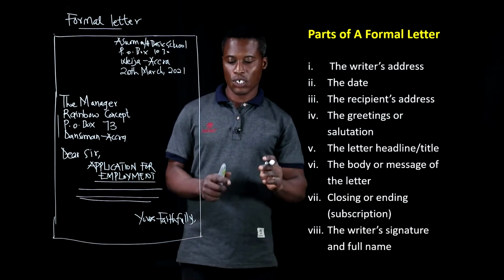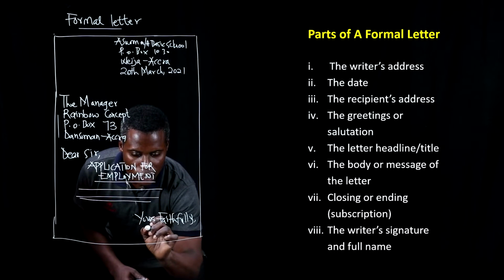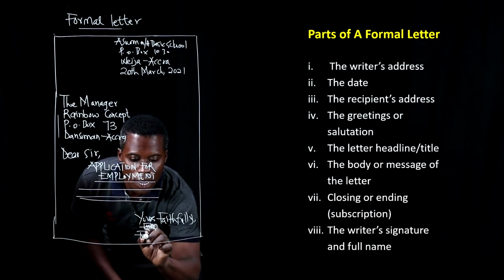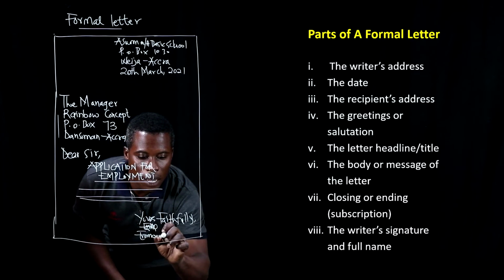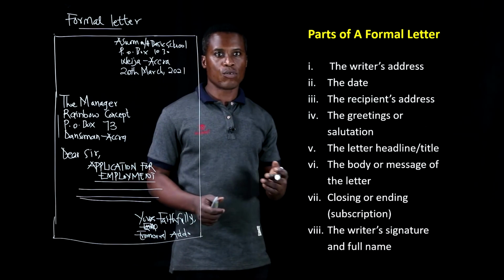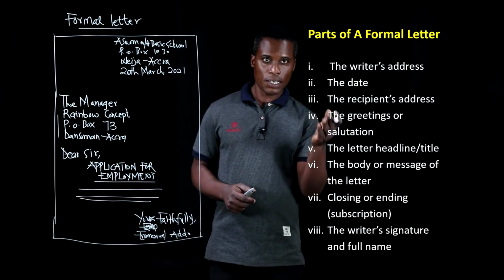Followed by a signature. Maybe you just write your signature like this. After that, you write your full name. This is my full name. Very good. The next one is the writer's signature and full name.